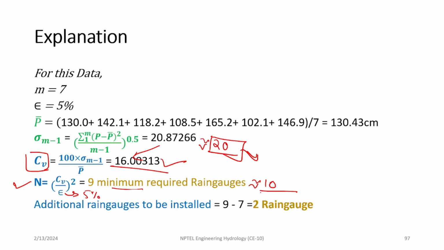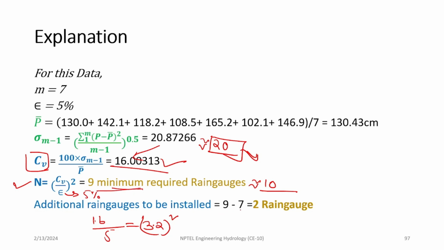If I calculate CV as 15.5, 15.5 divided by 5 becomes 3.1, and the square of 3.1 becomes about 9.6. So nearly it should come to 9.